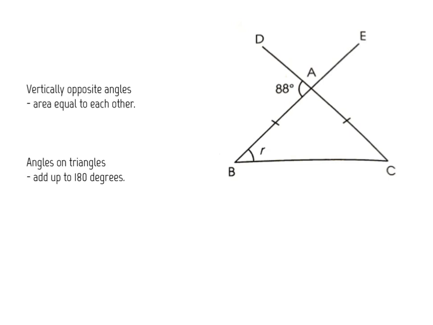And by looking at this figure, we can clearly see that this angle here, which we solved earlier, is 92 degrees. And this marker here indicates that these two sides are of the same length. So this is a special triangle. This is called an isosceles triangle.